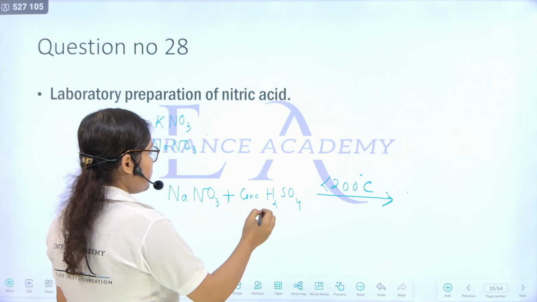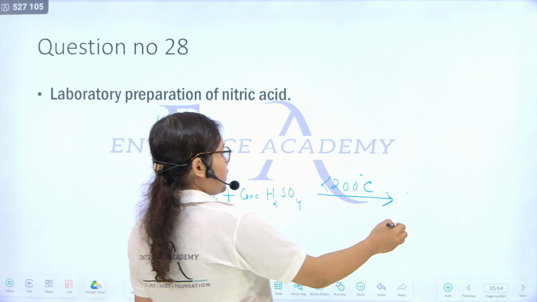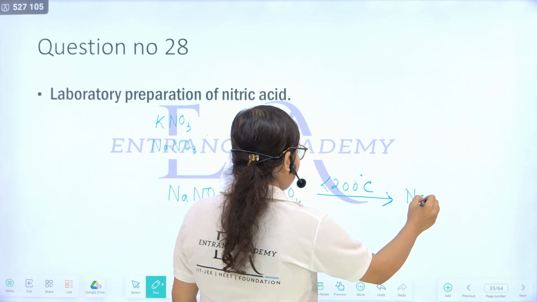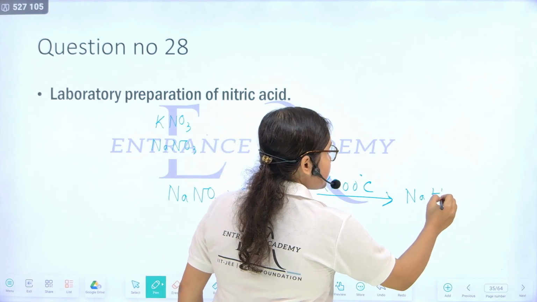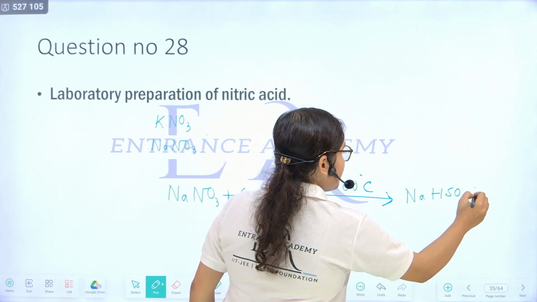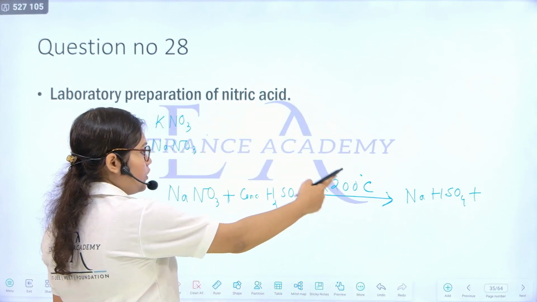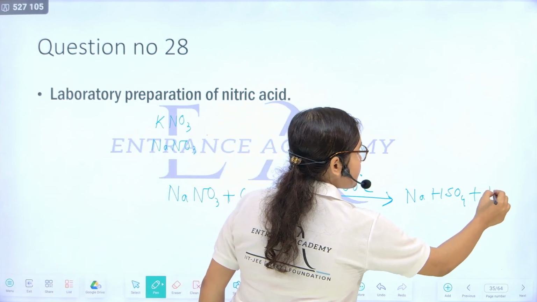Where less than 200 degrees is the temperature, we have an acid salt like sodium hydrogen sulfate, sodium bisulfate, plus nitric acid. This is the acid salt, plus nitric acid.